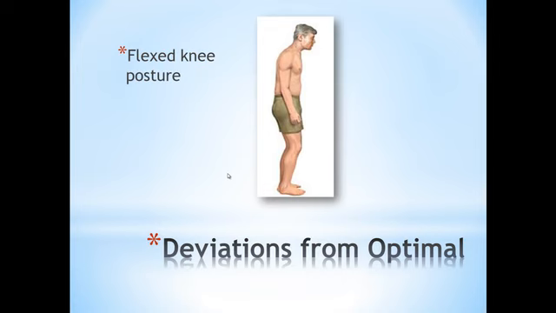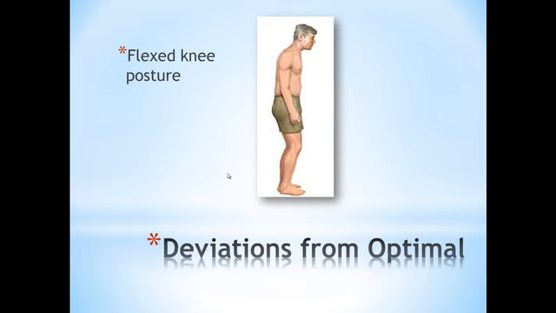So one of the deviations that we see in everyday life is this position of a flexed knee posture. And I'll tend to see this clinically in patients that are a little bit older, who may have lost their extension range of motion in their knees.